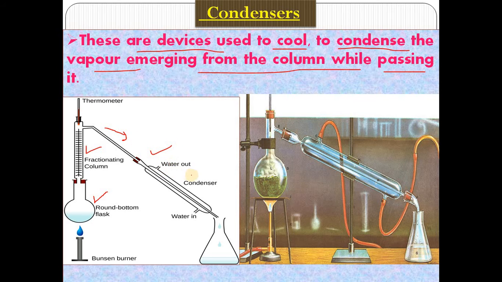In the condenser, there is a water inlet and water outlet, so cold water circulation is carried out. Due to this, these vapors are cooled, and after that we get liquid droplets of pure distillate. So the condenser plays an important role. This is the diagram of a condenser which is used in the laboratory. In our laboratories such a condenser is also available.